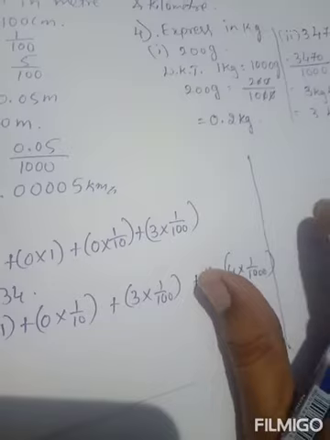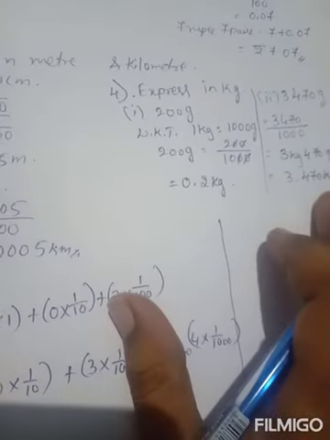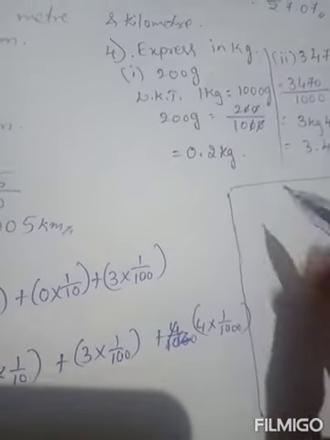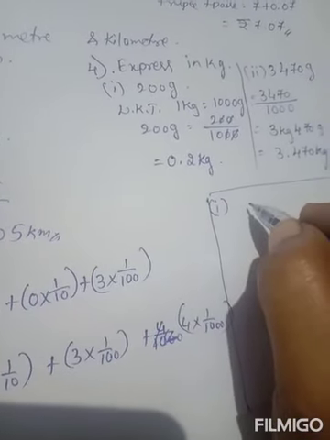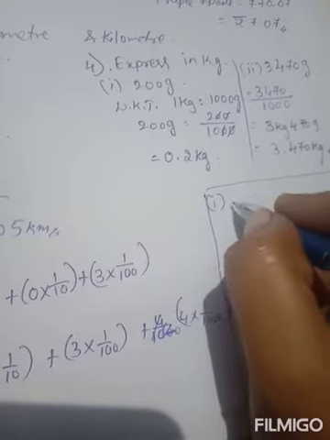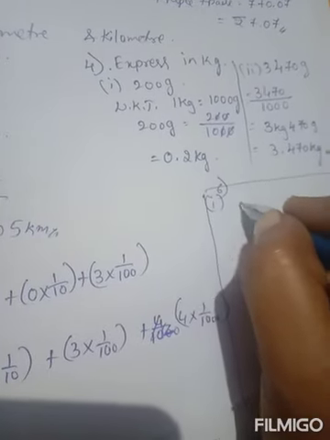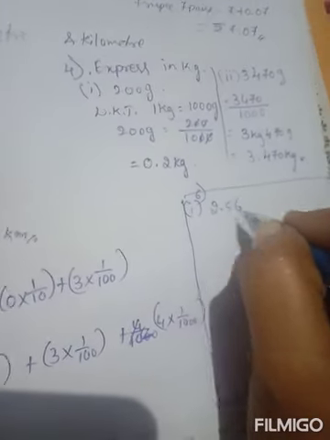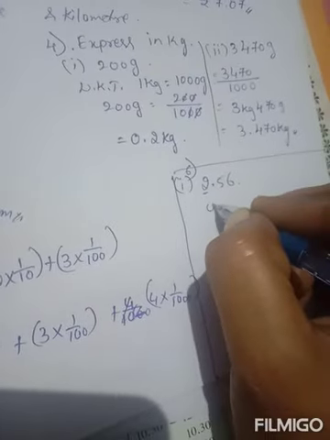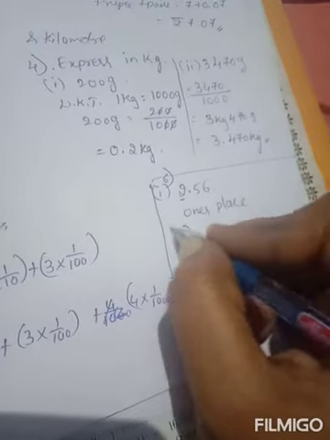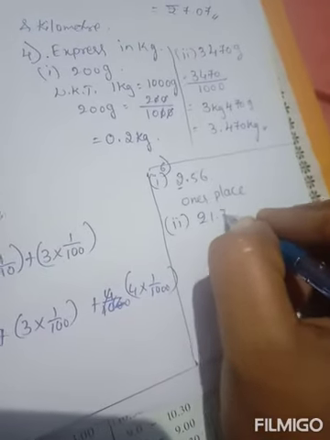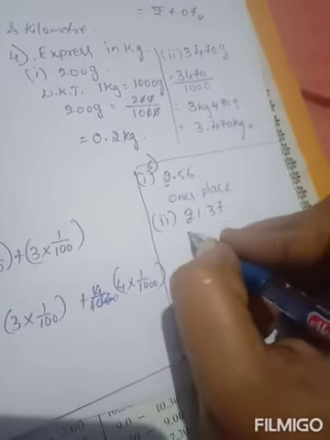Next, the sixth main is there, that is write the place value of 2 in the following decimal numbers. This one is the sixth main. First question, 2.56. 2 is in which place? That is ones place. Next, in 21.37, here 2 is in which place?